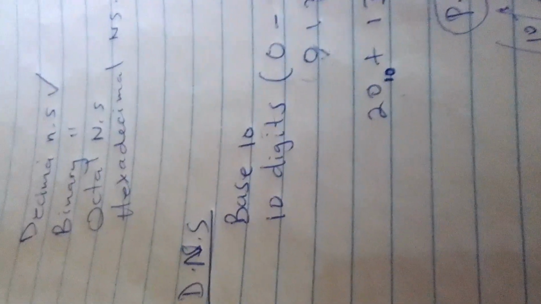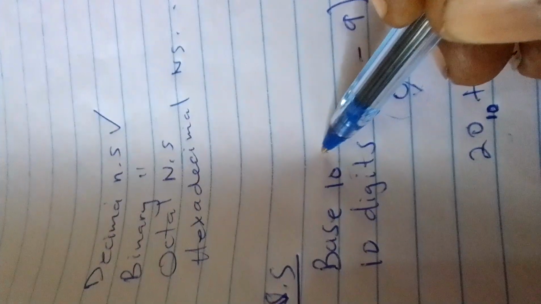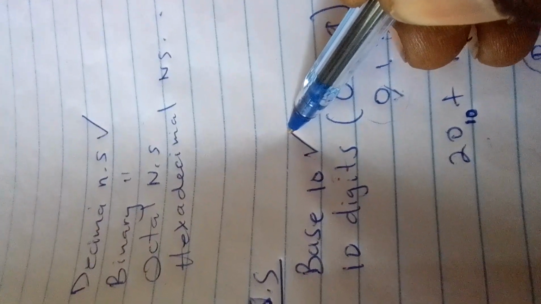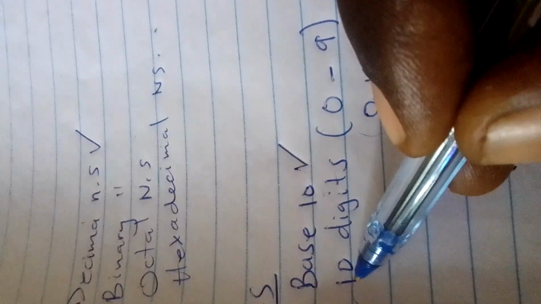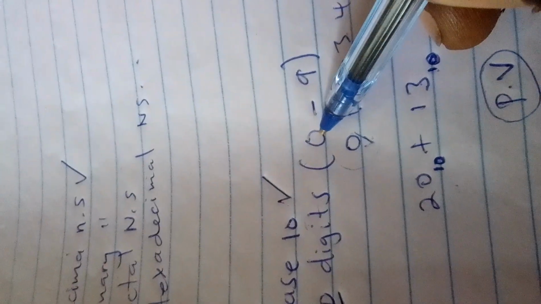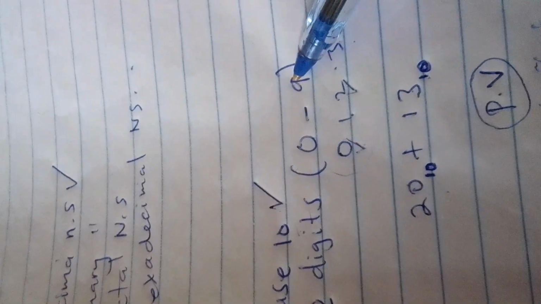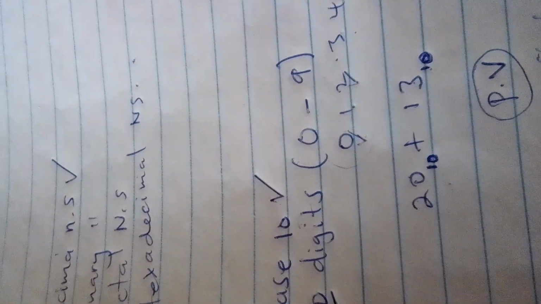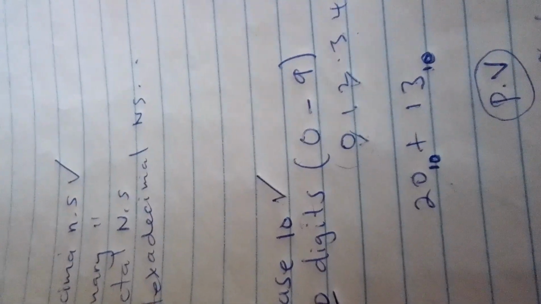In summary, a decimal number system is a base 10 number system that has 10 digits, and these 10 digits range from digit 0 to digit 9. Any decimal number must be written with a radix of 10 like this. That is the decimal number system.